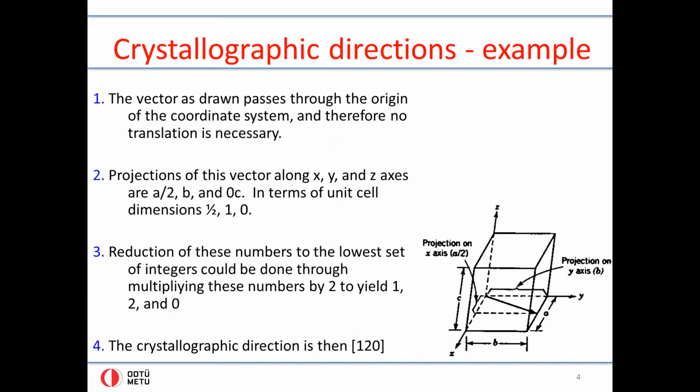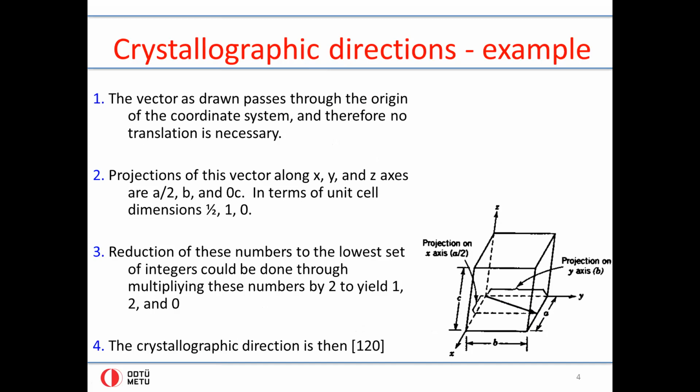So as an example, we have a vector shown going from the origin to this point here, and the vector drawn passes through the origin of the coordinate system. Hence, this is sufficient. We'll see what translation of the vector means in another slide.